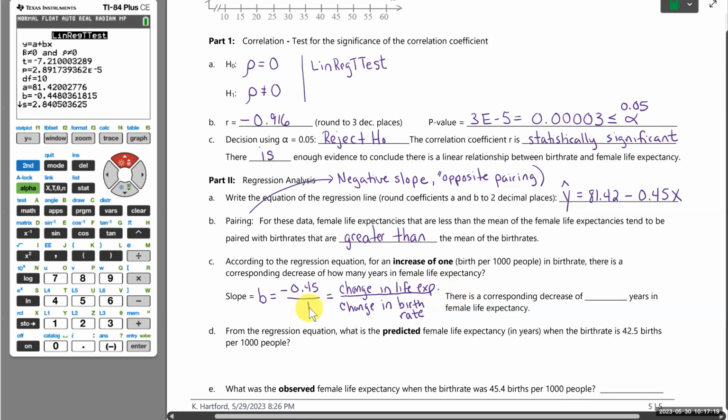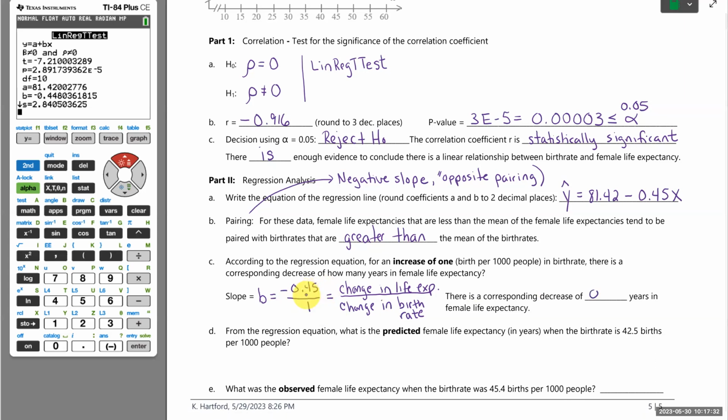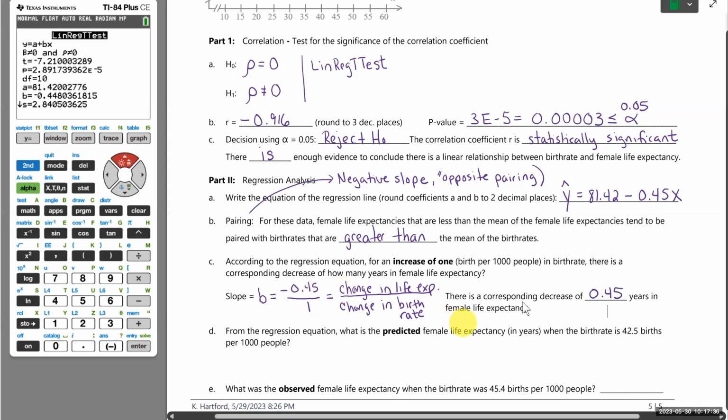So as the birth rate goes up by 1 per 1,000 people, there's a corresponding decrease because it's a negative slope, and the decrease would be 0.45 years. So the slope is negative, but I write a positive number there because we said the word decrease, so how much it goes down.